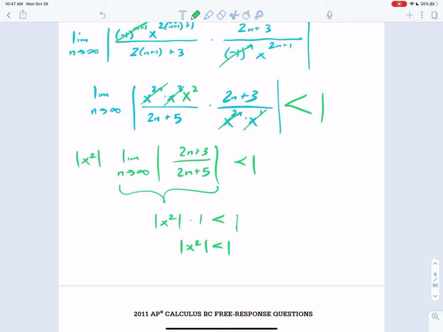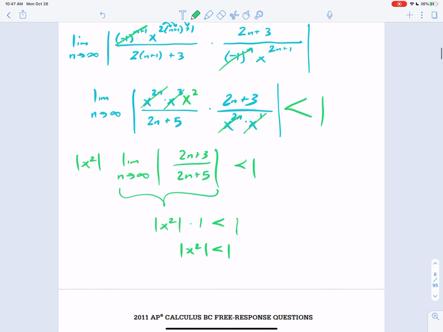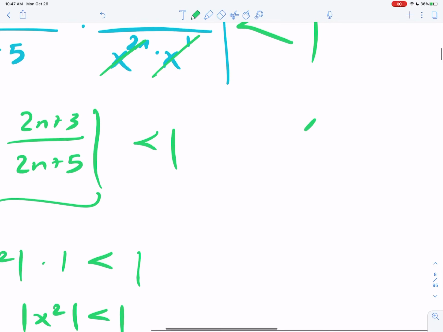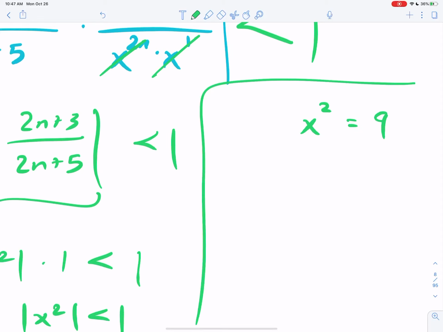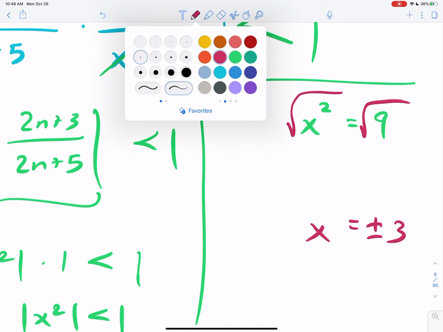This is where it gets a little weird, all right? Okay, so I talked about this in a previous video. x squared, let's say it equals 9 here. If I asked you guys to solve, you guys would square root both sides. That's what you guys were taught. And then all of a sudden, you get plus or minus 3, okay? The step that's always skipped is this, okay?